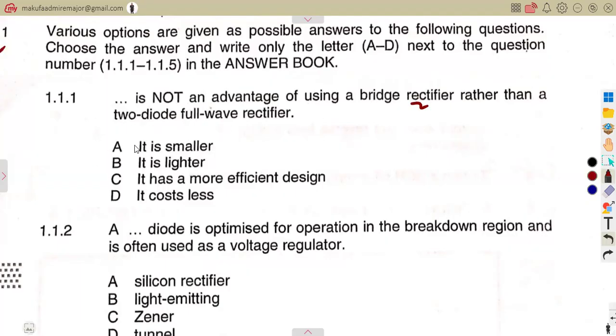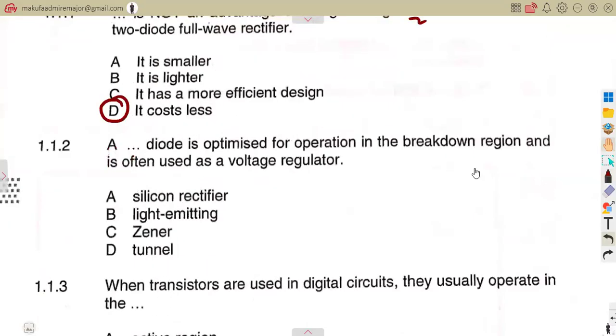All right, so it is small, it is lighter, it is a more efficient design, it costs less. So we know that this one, it is actually cost, it is expensive. This is not an advantage. It is an advantage of a 2-diode, not of a bridge rectifier. So this is not an advantage at all.